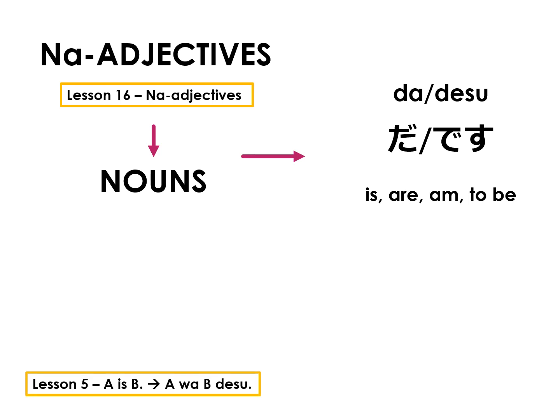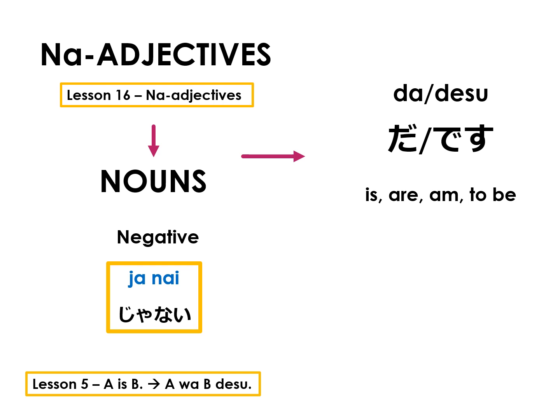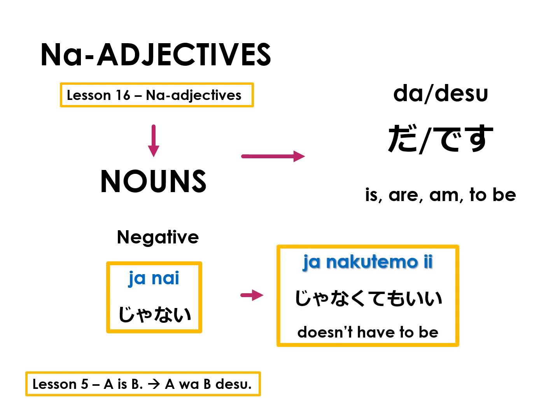A is B. A wa B desu. The nai form of the verb desu is janai or dewanai. Ja is a contraction of dewa. And changing the nai part, we form janakutemo ii or dewanakutemo ii, which means it doesn't have to be.